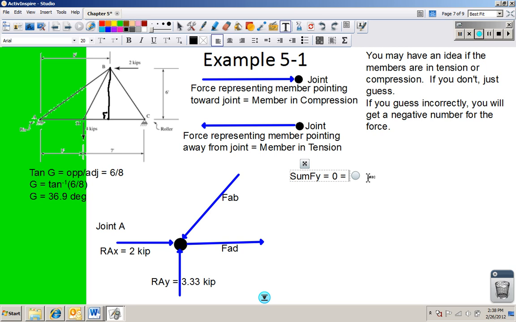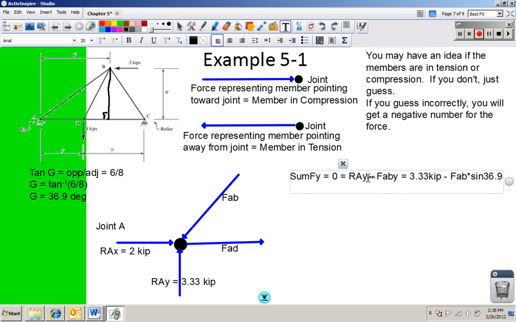Alright, so I've got my RAY is positive minus my FABY, and that's negative. So all that's equal to 3.33 kips minus FAB times sine 36.9 degrees.